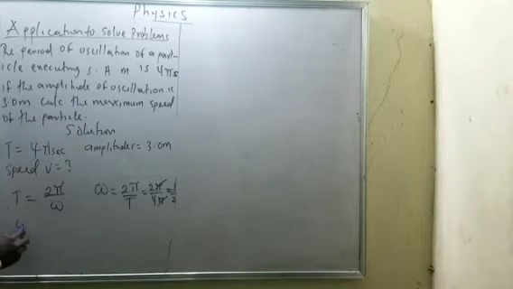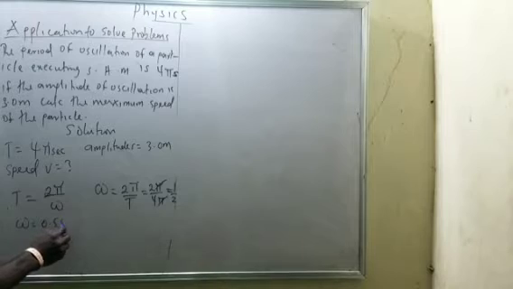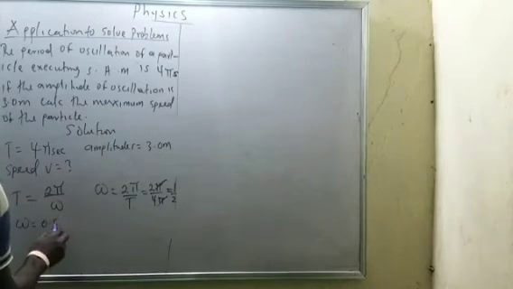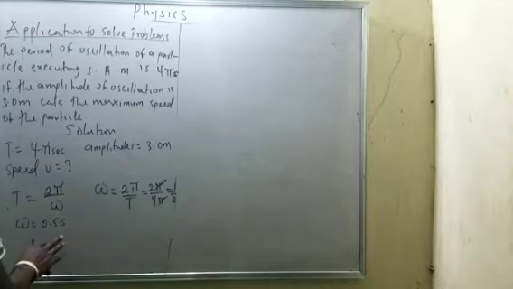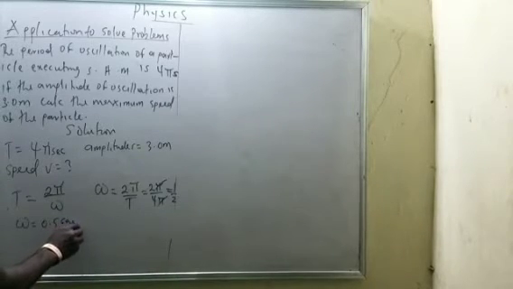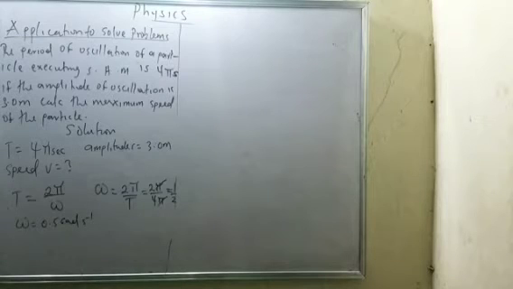It means my angular velocity is equal to 0.5 rad per second, because we are talking about angular velocity.